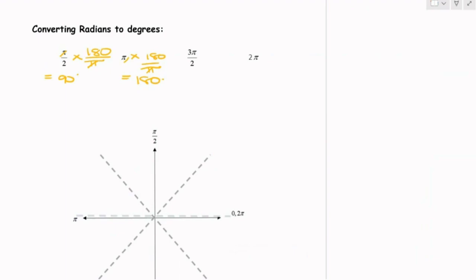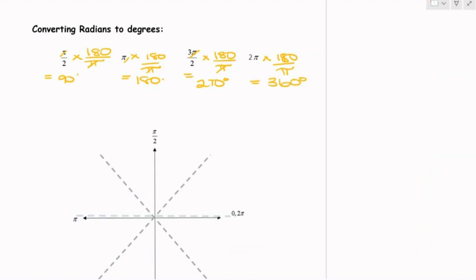Okay, so let's keep going. We have 3 pi over 2 times 180 divided by pi. If we cross this out, we are going to get 3 times 180 divided by 2, and that's going to reduce to 270 degrees. 2 pi, maybe some of you have already seen this. If we multiply it by 180 over pi, the pi's will cancel out and we'll get 360 degrees.